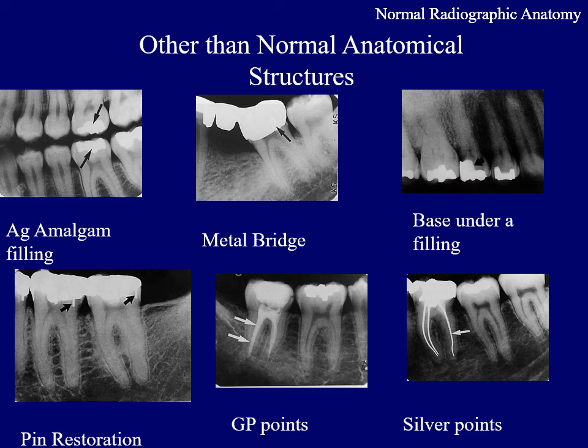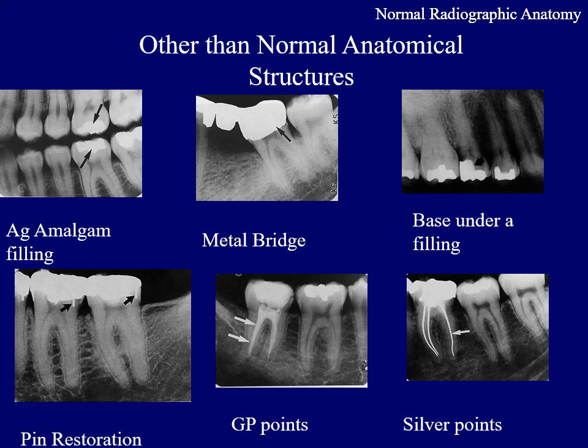In the lower row, the first image is stainless steel pin restorations. The stainless steel pins, seen with a black arrow, appear completely radio-opaque. Then the next image is GP points.